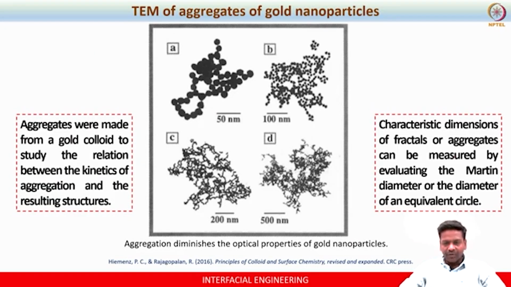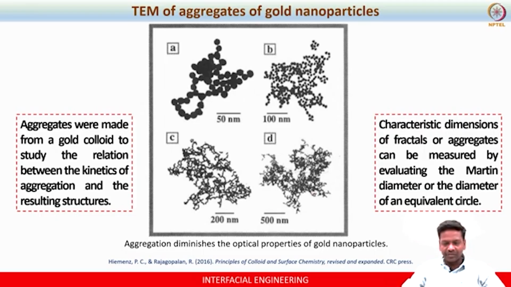A good example of aggregates of gold nanoparticles is given here. These are TEM images of gold nanoparticles. You can see different aggregations of gold nanoparticles, of different sizes. Because of the huge surface energy, these nanoparticles develop a tendency to aggregate with each other. When they aggregate, they form fractal-like structures, right?